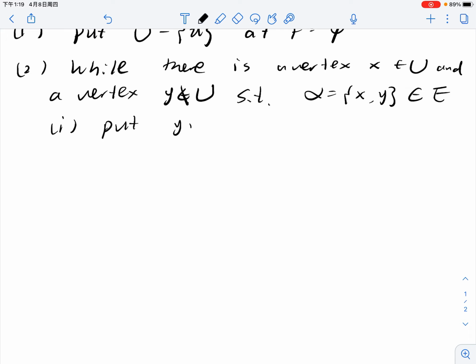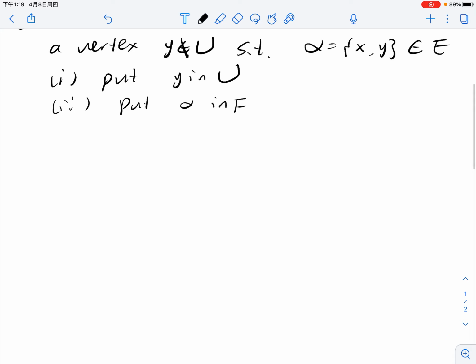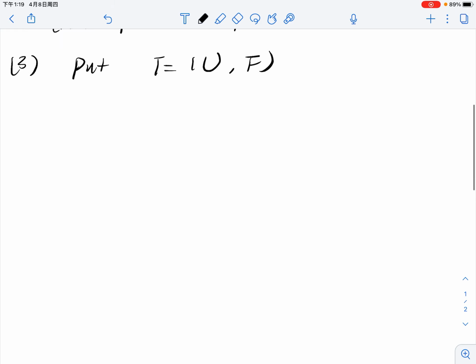First, put y in U, then put alpha in F, and then we repeat the second step until there's no such x, y, and alpha, and then take the resulting tree T to be the final result.